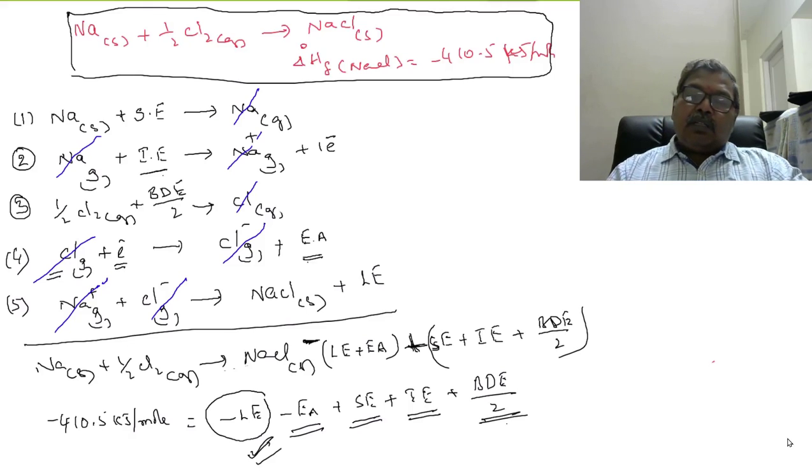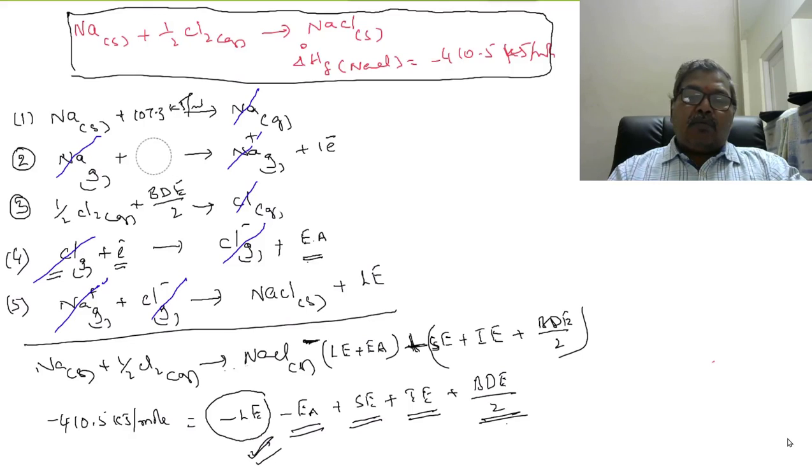Clear? Now here, sublimation energy is 107.3 kilojoules per mole.